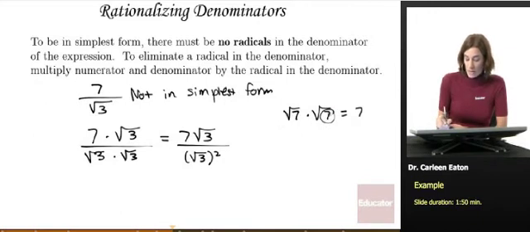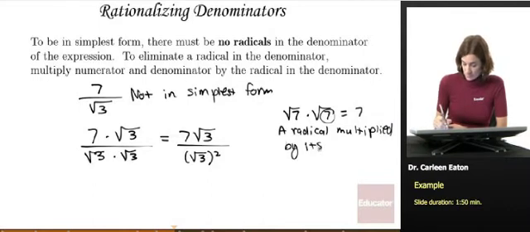So a radical multiplied by itself equals the radicand of that original radical.